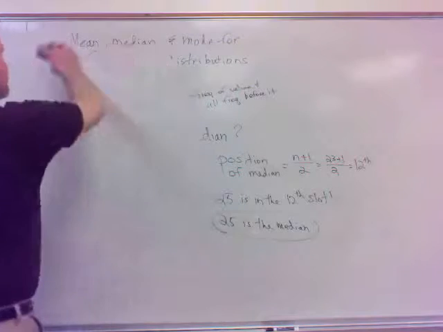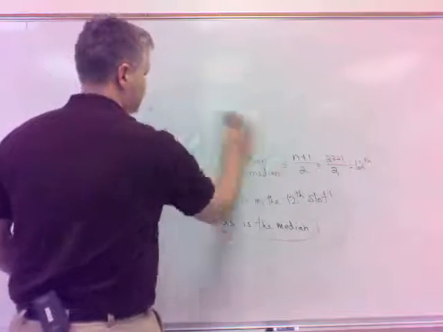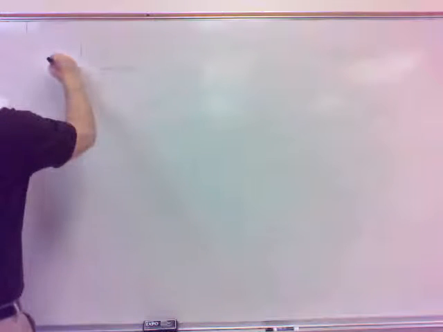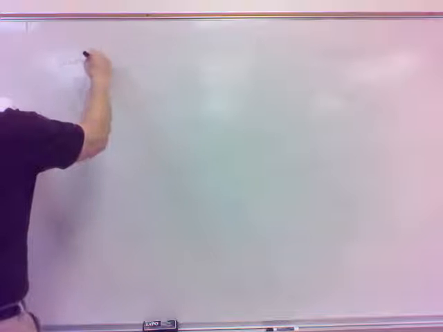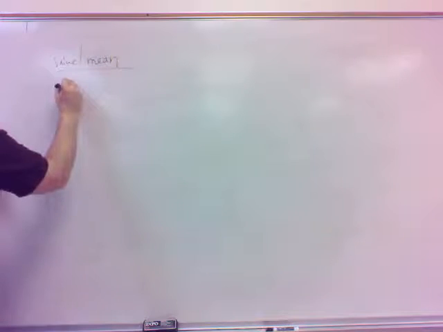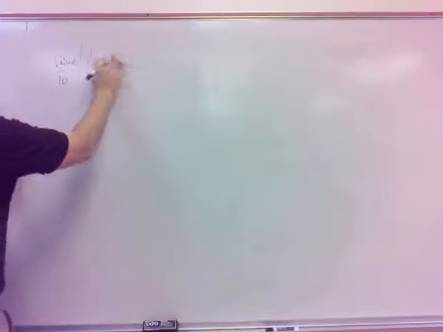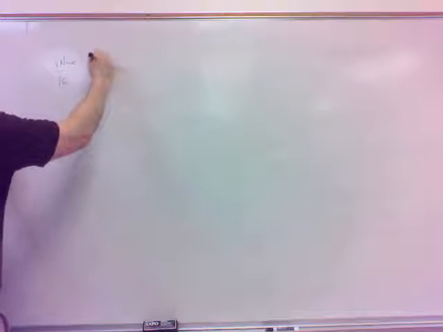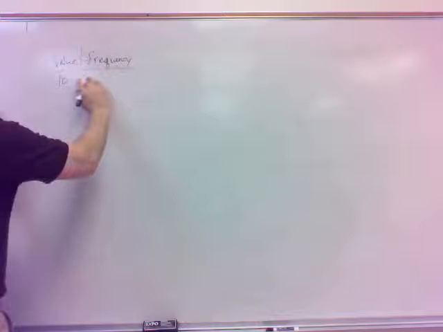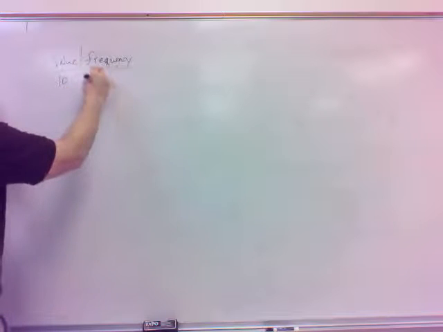Here's the table, frequency distribution, we call it. Value, frequency, sorry. All right, so value 10 has frequency 32.